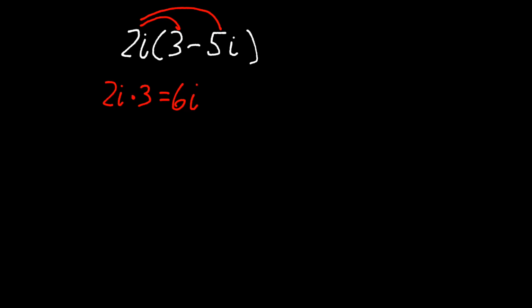We can multiply the 2 times the negative 5 and get negative 10. And now we take the i and multiply it by i, and i times i is i squared.